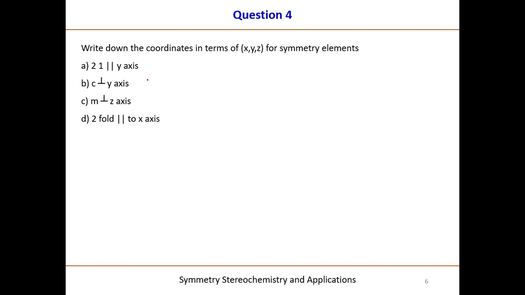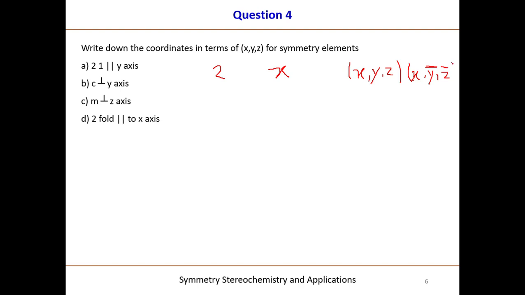While talking about the coordinates in terms of x, y, z, we know that for a twofold axis, if it is parallel to the x-axis, we write x, y, z, and the equivalent point is x, y bar, z bar.